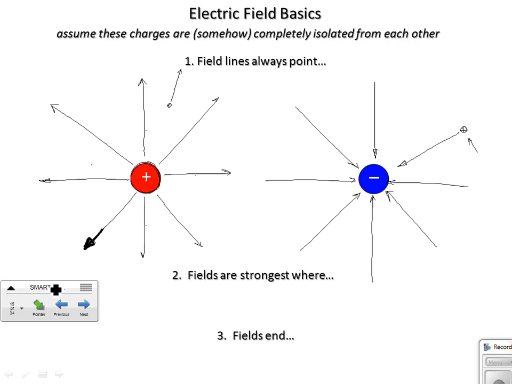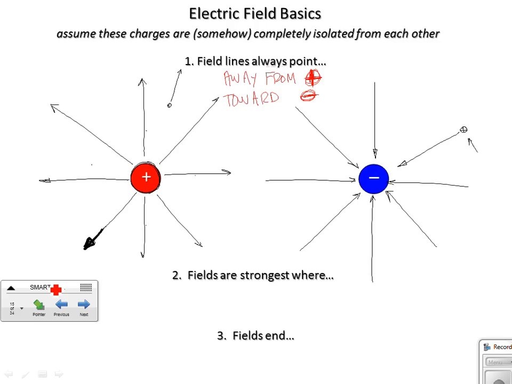So that's two things. Electric fields always point away from positives and toward negatives. That's all I'm going to tell you for now. The rest of your assignment tonight is that electric field applet activity.